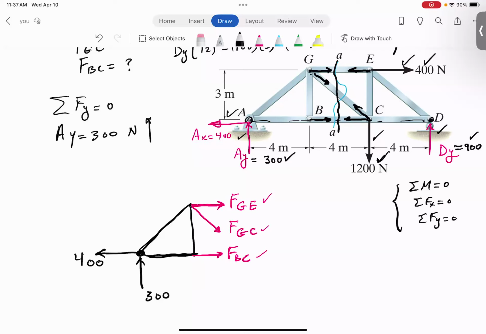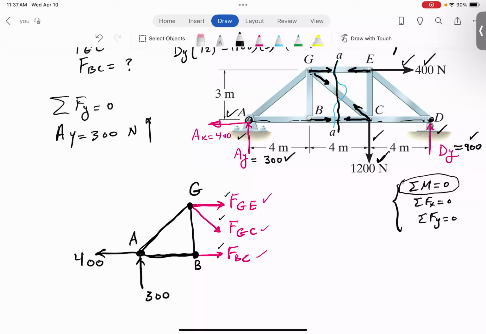If you show these forces, assume they are in tension, so they're pointing away from the joints, right? Then if you get positive, they're in tension. If you get negative, they're in compression, right?